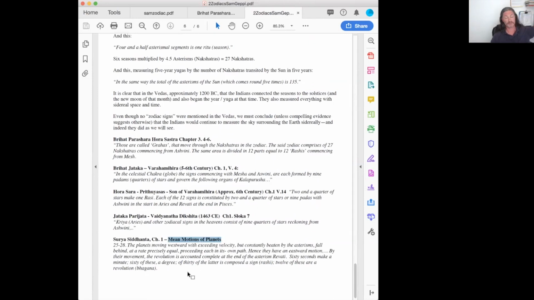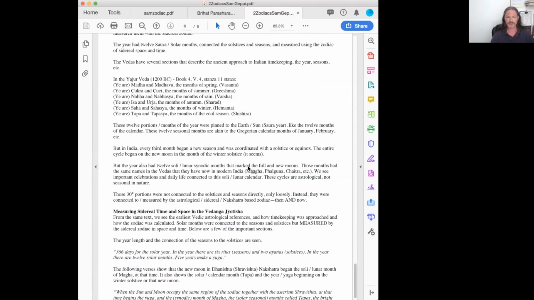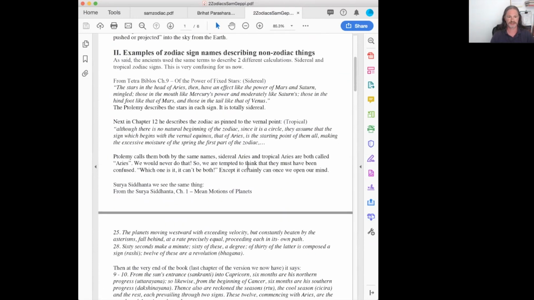So they're talking about the motion of planets, very beginning of the book. So it says that they have the eastward motion. By their movement, the revolution is accounted complete at the end of the asterism Revati. So they're finished at the end of Revati. 60 seconds make a minute, 60 of these a degree, 30 of the latter is composed a rashi, that's the word they use, or a sign. 12 of these are a revolution. Okay, so it's clearly at the beginning of Surya Siddhanta.